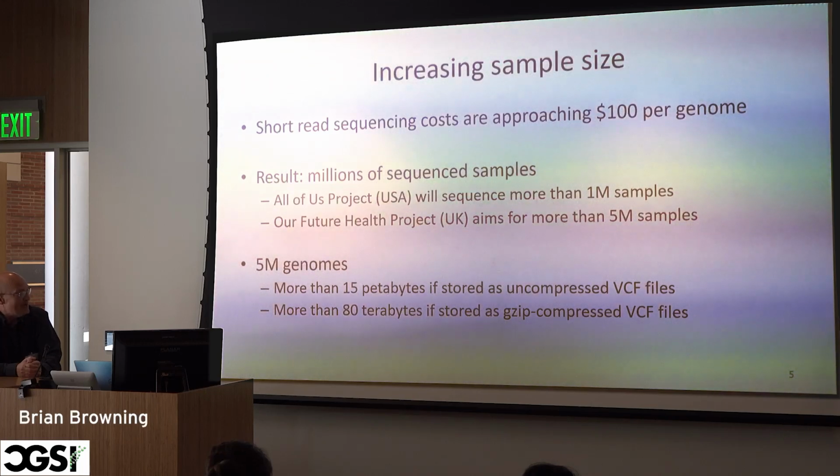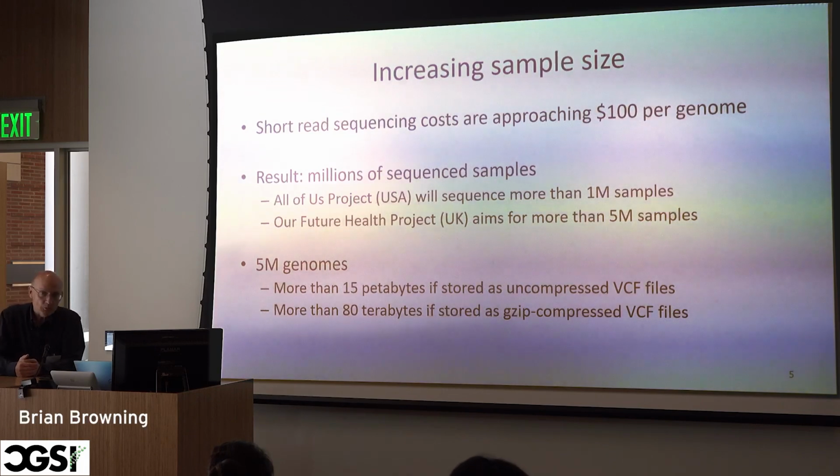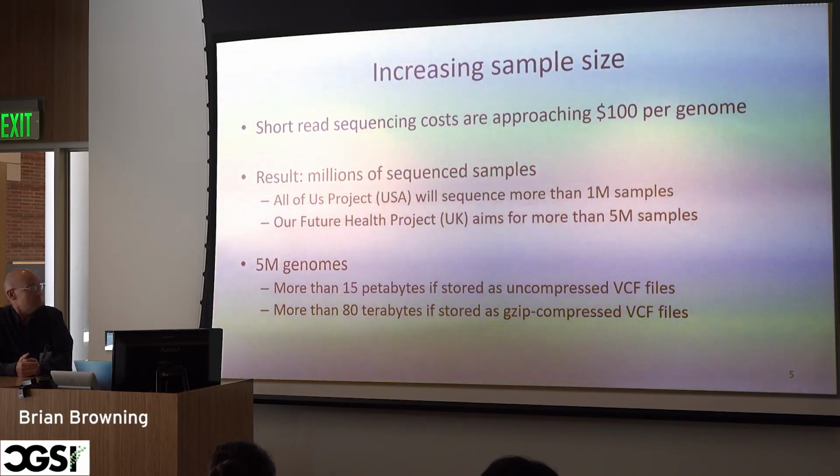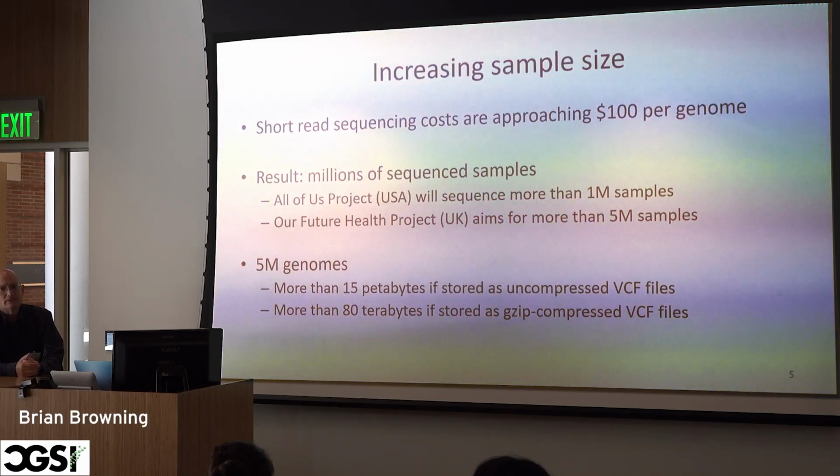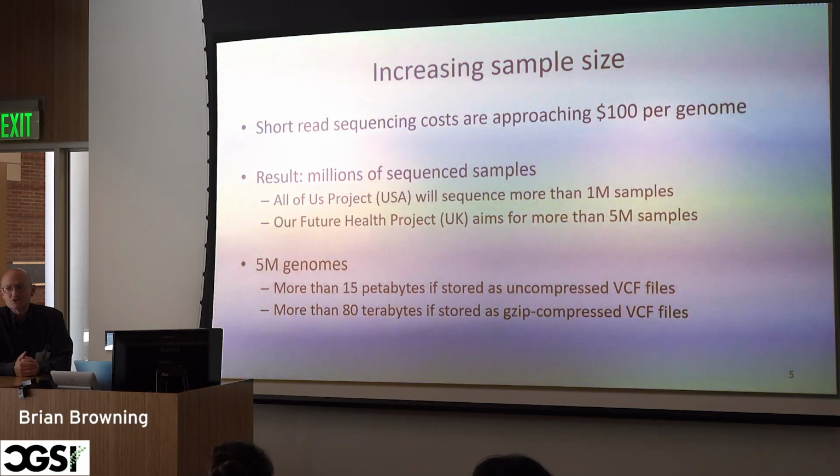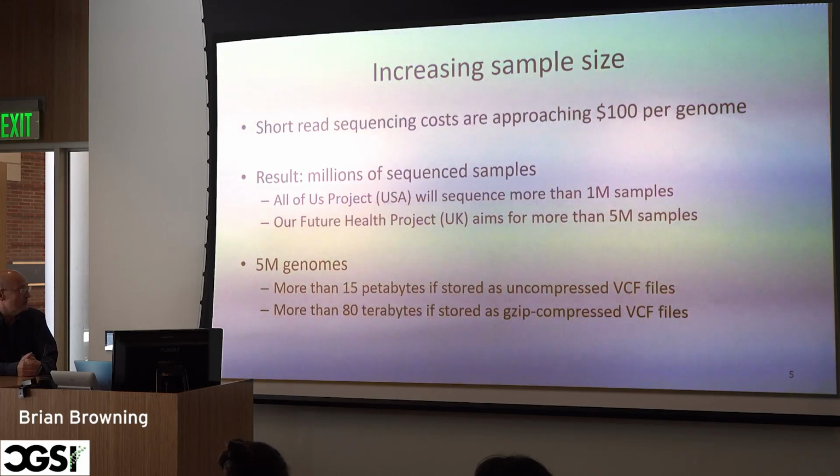If you gzip compress, it turns out gzip, because of the nature of sequence data and the way gzip works, you can get about a 300-fold reduction down to 80 terabytes. Still, if you haven't worked with that file size of data, the first time you do, you will not enjoy it. It's just really frustrating to work with.